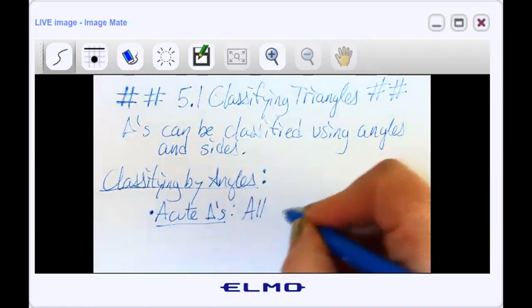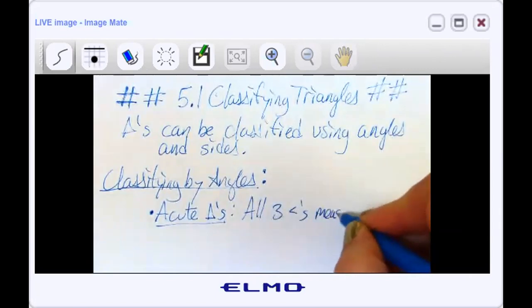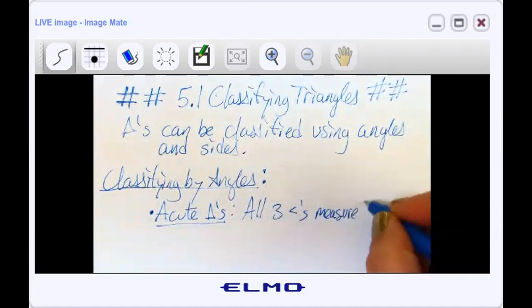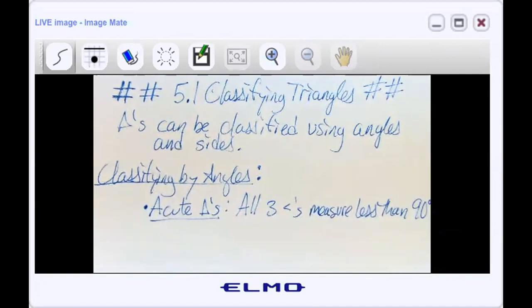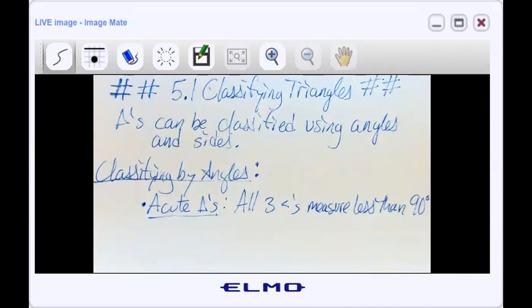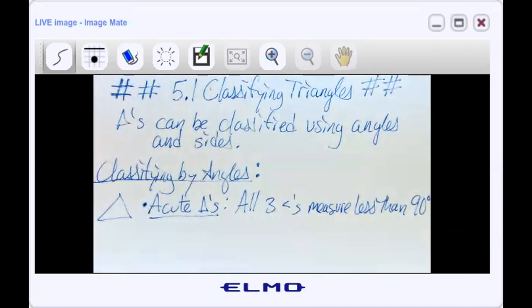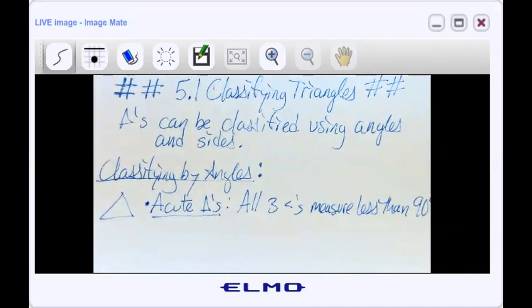Yes, all 3 angles measure less than 90. Exactly. Okay, all 3 of them less than 90. So if you want to draw a little picture, there you go. There could be an acute triangle. All 3 less than 90.